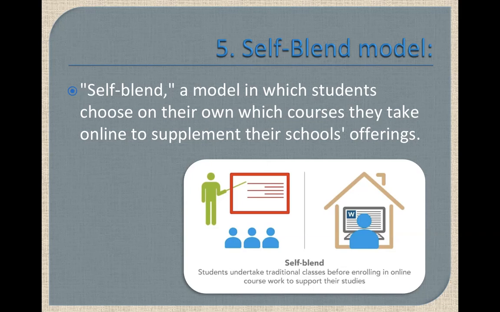But now when this online thing came into the picture, obviously the self mode, because now they have a choice. Now they have the option to support and supplement whatever they are getting in school, to have a better understanding.